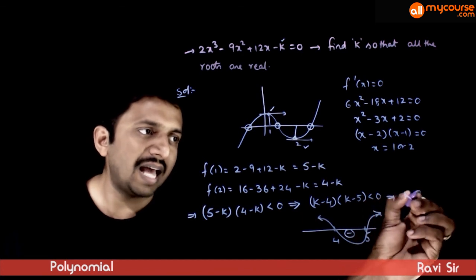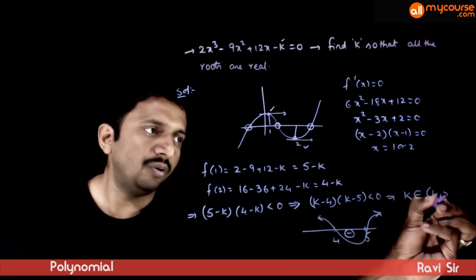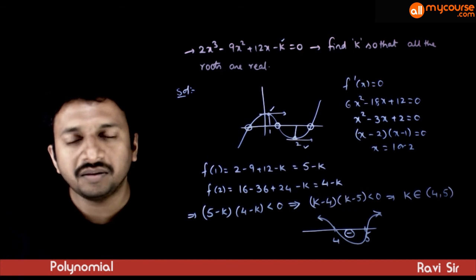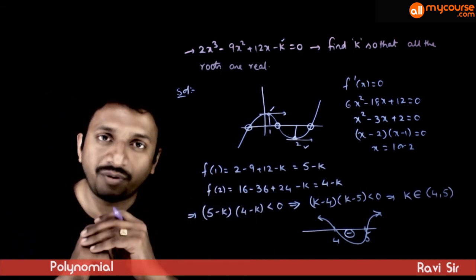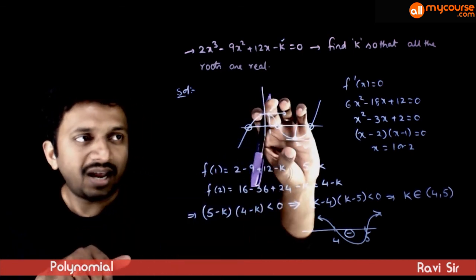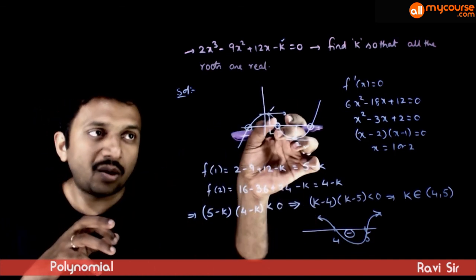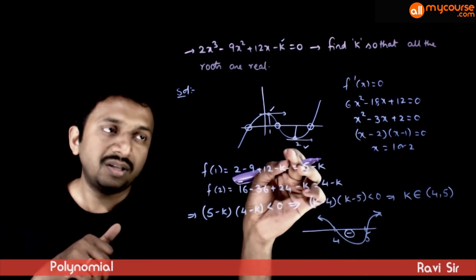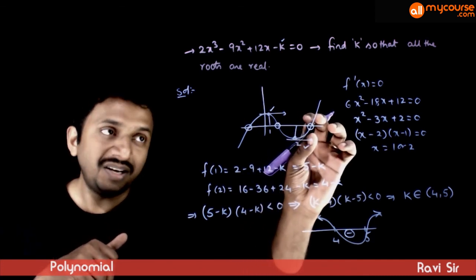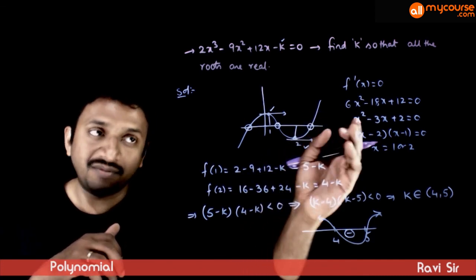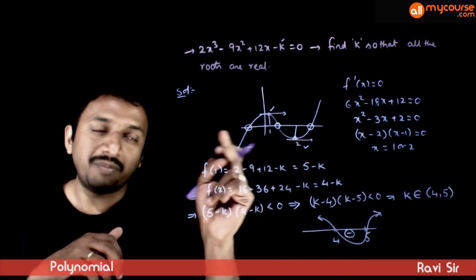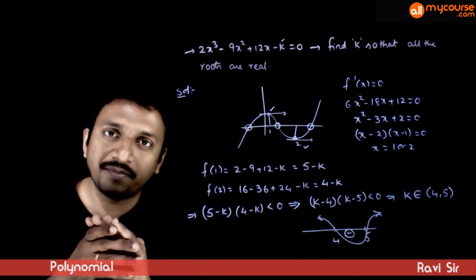This implies k has to belong to 4 to 5. So if k belongs to 4 to 5, f of 1 and f of 2 will be of opposite signs. Then you get one root between 1 and 2, the other root between 2 and infinity, and the third root between minus infinity and 1.